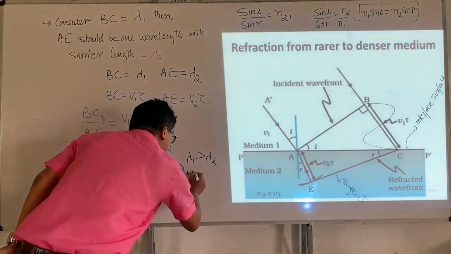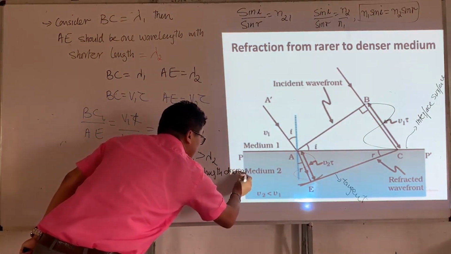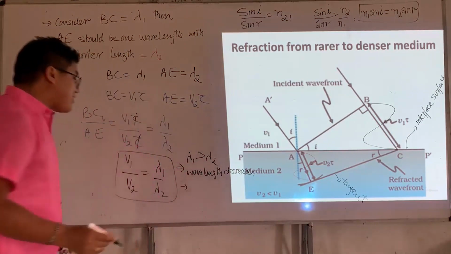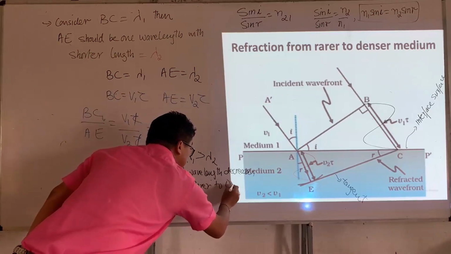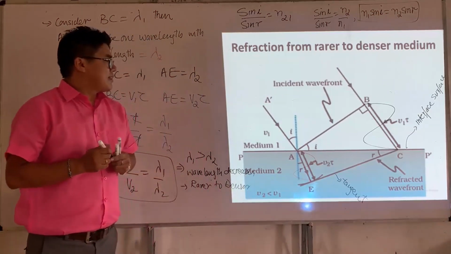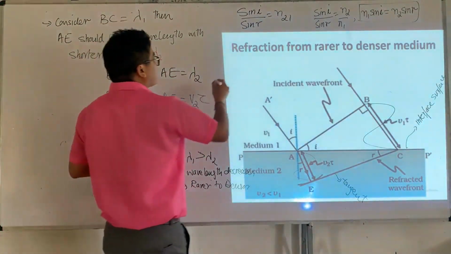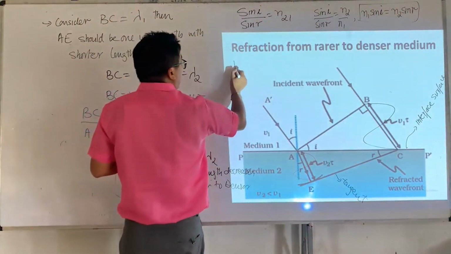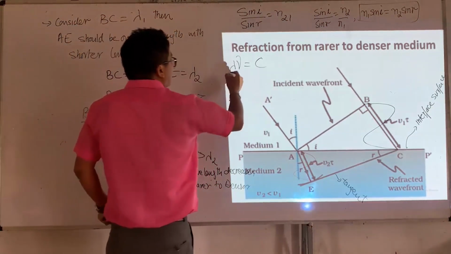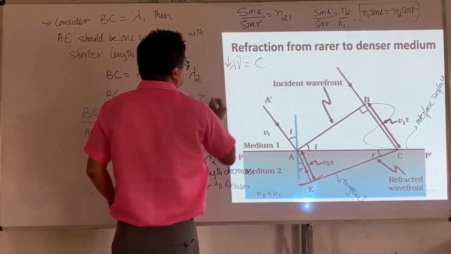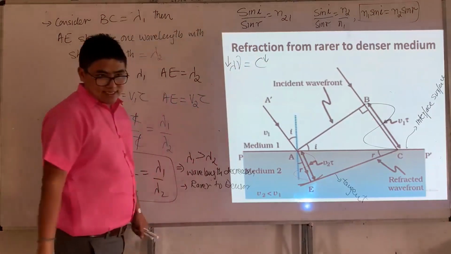Wavelength decreases as light goes from rarer to denser. However, the frequency will remain the same. Why? Because this is done in class 11. This is what we call C. Look here: if the wavelength decreases, then the speed of light also decreases.